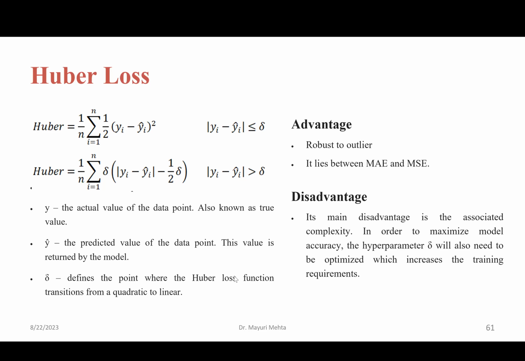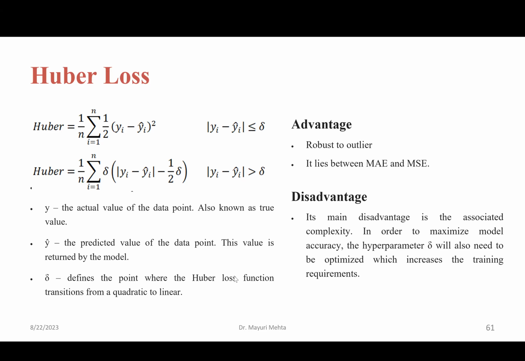We can use this formula to calculate Huber loss, where n represents the number of samples, number of data points, number of records. I'm using different words here. Y represents the actual value of the data point, that is the target value. Earlier I told you that target value and ground truth are used interchangeably.